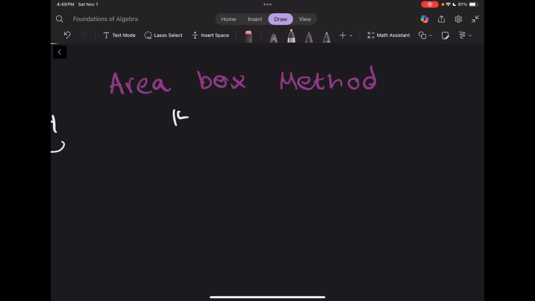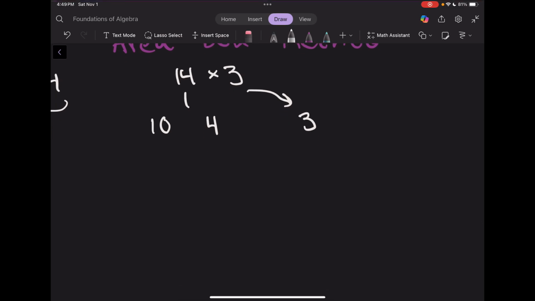So we have 14 times 3. And what happens is we break this up. So this is 10 and 4, and that's just 3. So we have 2 digits here, so we're going to make a box.